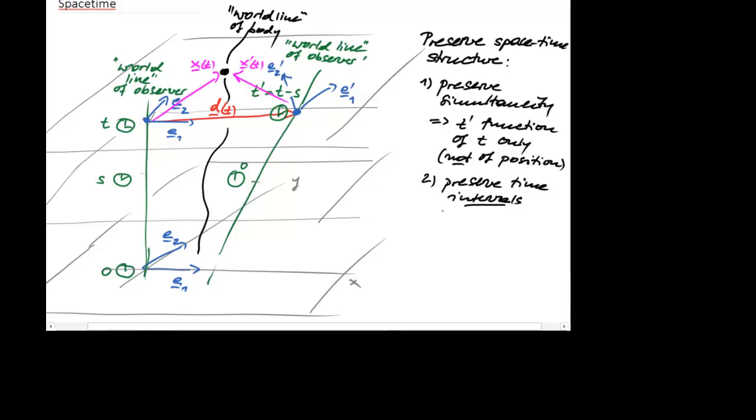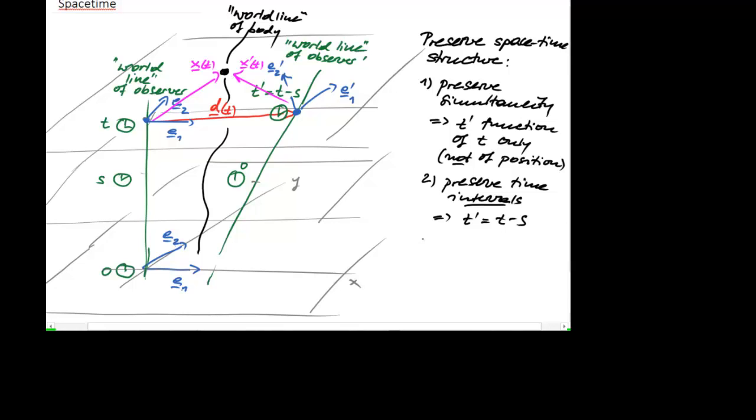Now this, of course, immediately singles out the transformation law that I had written on the previous page, just an additive constant, and then we see the same time differences between two events.